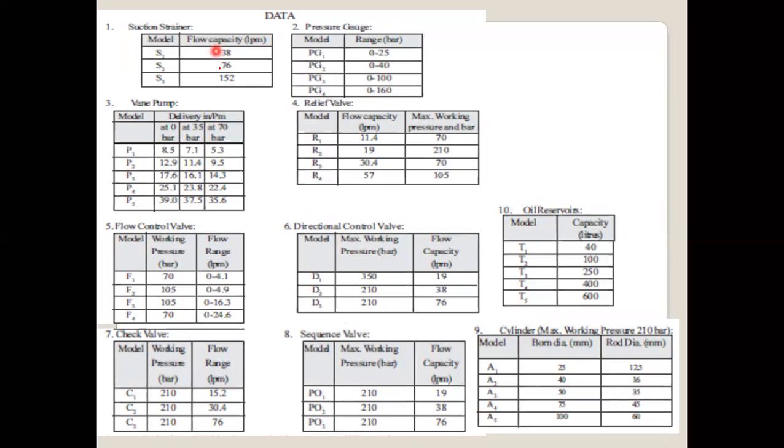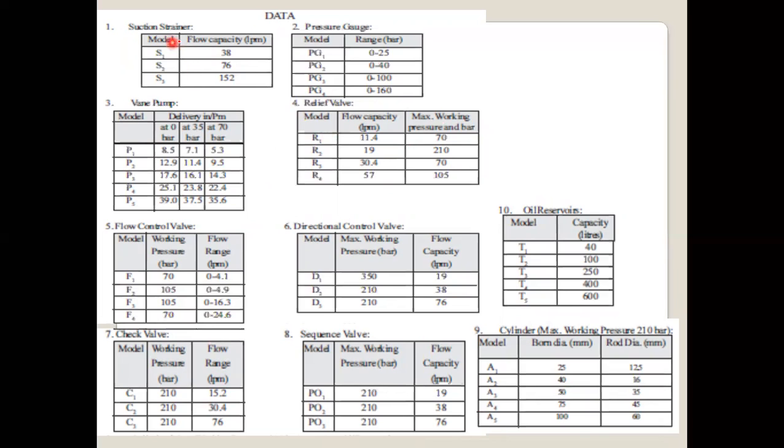Then here is the catalog. Using this catalog only we have to design the circuit. This catalog will be available in the university exam, the SPPU university exam, at the last page.